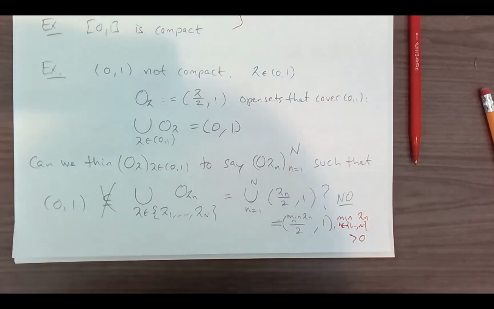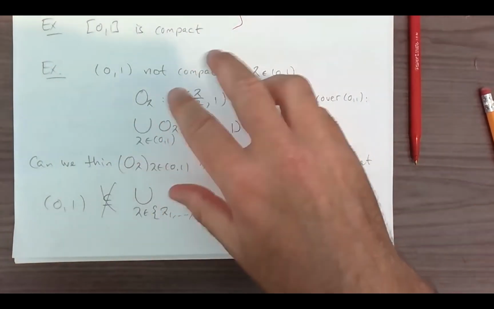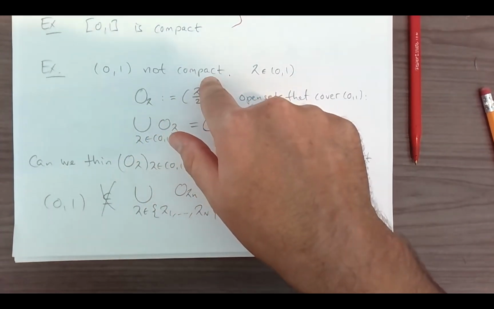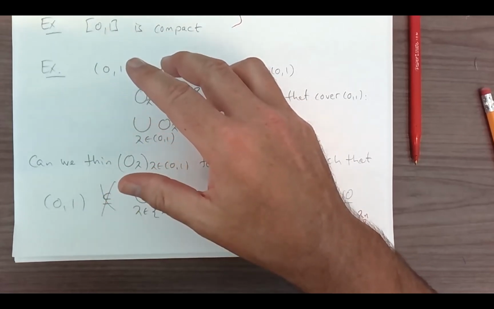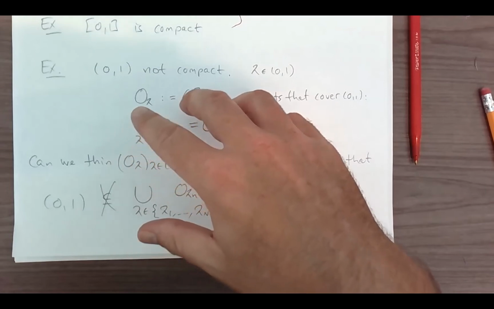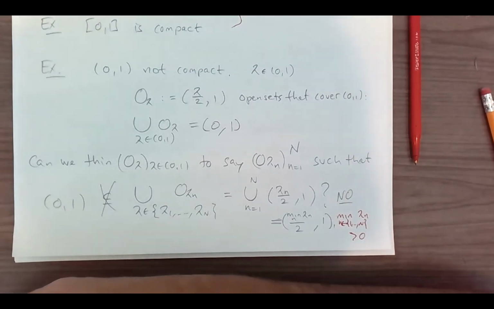You're guaranteed that you can thin when you're compact, so the implications are going the wrong way. How do I prove that this is not compact? I prove it by constructing one cover that you cannot thin. Just because I can find one subcover that I can thin doesn't show that I'm not compact. I see. So to be compact, you need to be able to thin all covers to finite subcovers. Okay, I got it. Thanks.